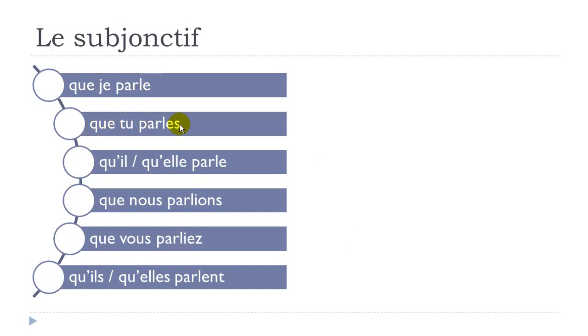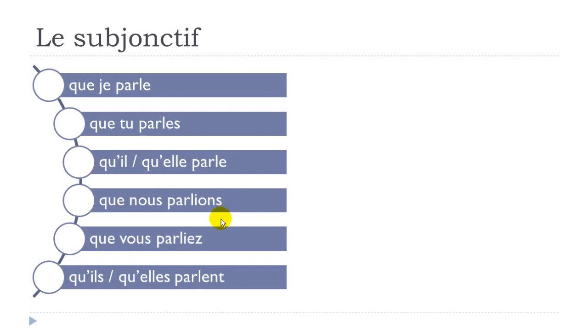Que tu parles, same thing. Qu'il parle, qu'elle parle, exactly the same thing as the present form. And then qu'ils parlent, qu'elles parlent, same, it's like the present form. Que nous parlions and que vous parliez, it's exactly the same thing as the imparfait.